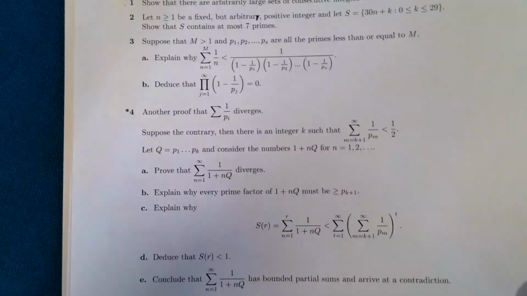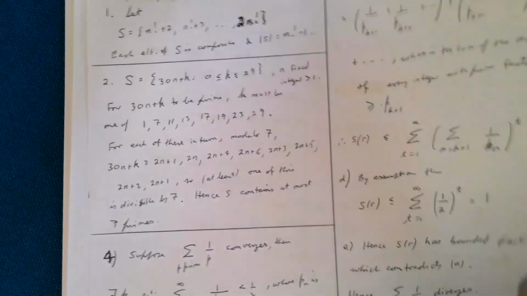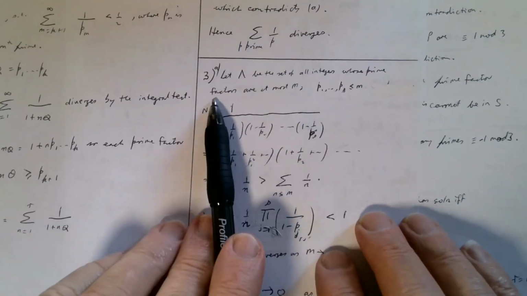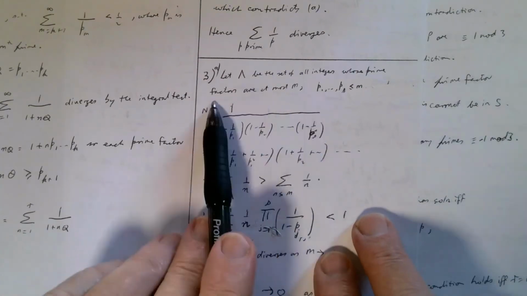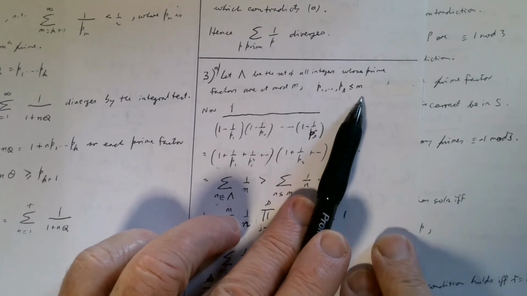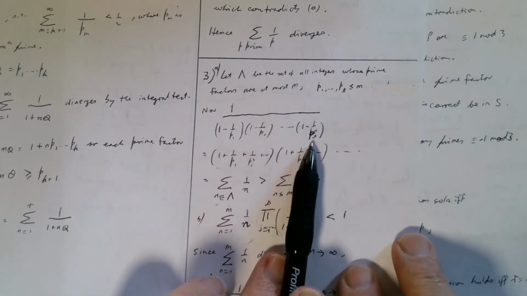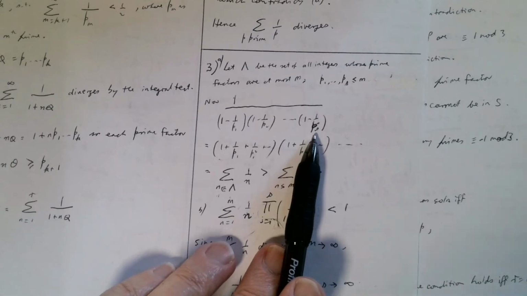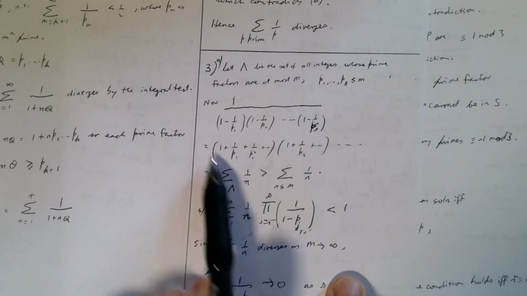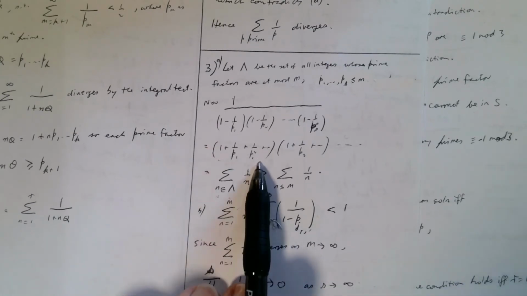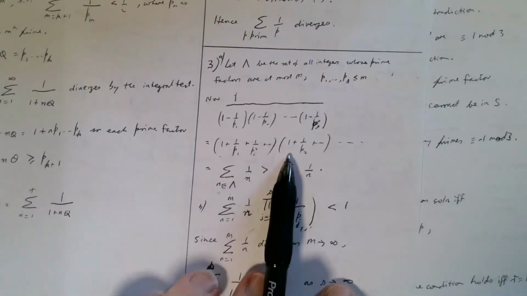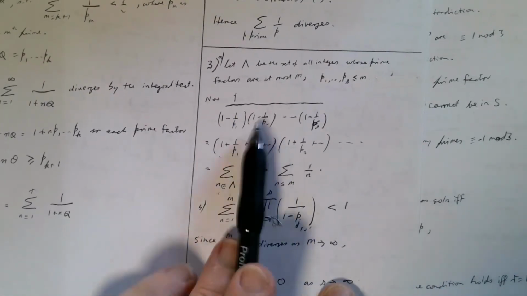Okay, well, here's the little proof of this. We let lambda be the set of all integers whose prime factors are at most m, and each of these primes is less than or equal to m. So we look at this product on the right hand side. Each one of these factors is going to be the limiting sum of a geometric series, and the common ratios are all less than 1, so it all converges. So I can expand this out and so on.